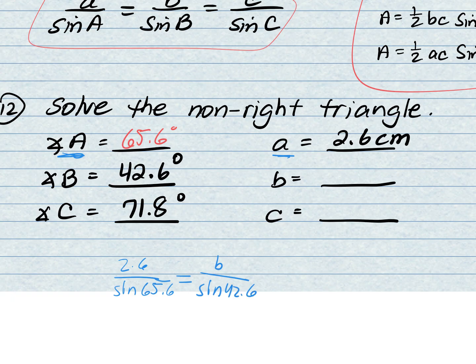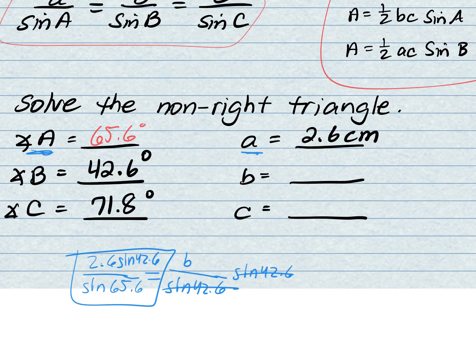So then from here to get B by itself, we can multiply both sides by sine of 42.6. And then this number, when you put that in your calculator, is going to get you your side measurement for B. All right, which should get you to the nearest tenth, 1.9 centimeters.